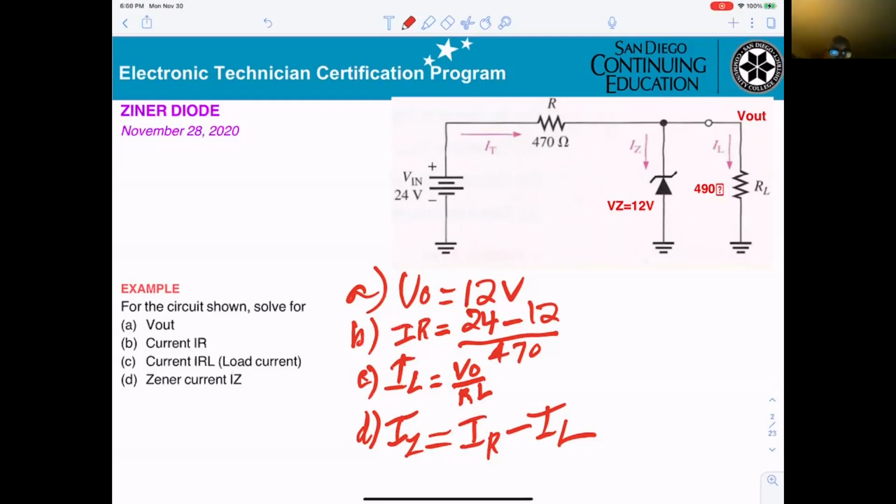You're saying that IR is equal to IT. That IT, IR the same. Okay, current goes here, one goes here, one goes here. So you already know the current IL. Then you can take the IR or I total minus the current IL. Then you get the IZ.